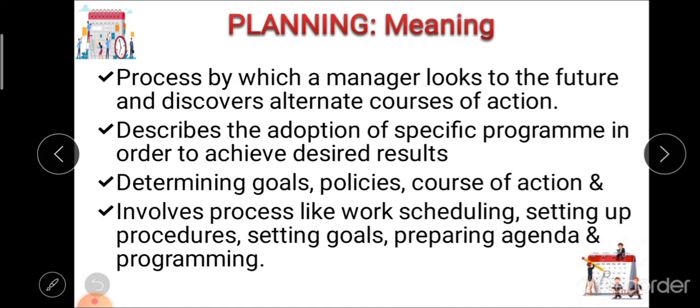Basically, planning concerns the actions or activities which are carried out in future, so deciding those activities is known as planning.